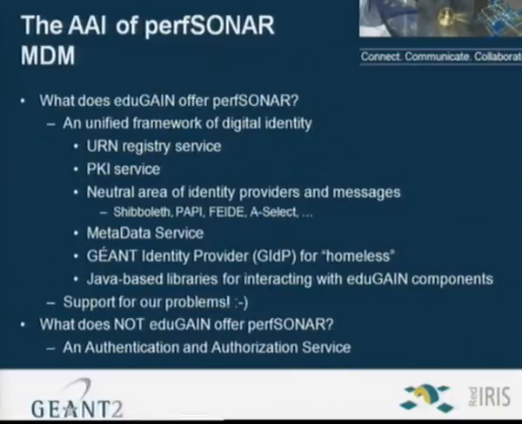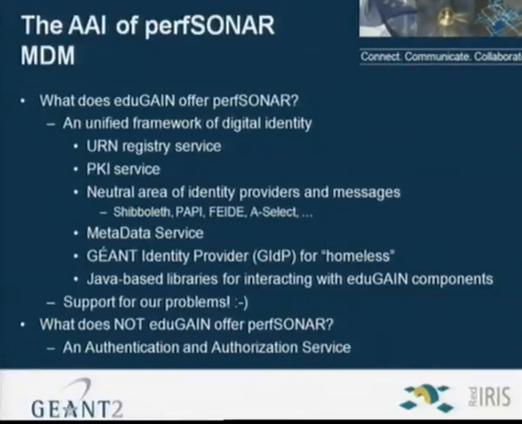And what does eduGAIN offer Persona? Why are we using eduGAIN in Persona? Well, they provide us a unified framework of digital identity, and we can use the URN registry service and the PKI service, but the most important thing for us is a neutral area of identity provider messages, because as I said before, we can find IdPs which are using Shibboleth, PAPI, SAML, and we don't want to understand all those kinds of protocols.